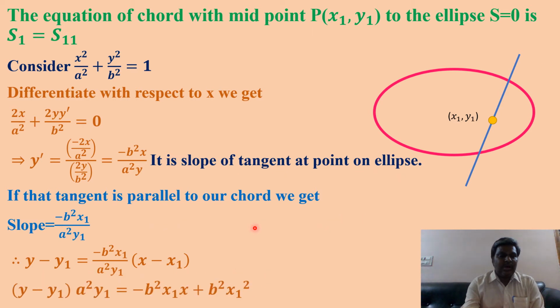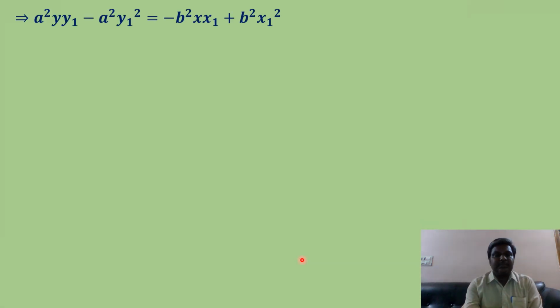So on simplifying, you just cross multiply. We get y minus y1 times a square y1 is equal to minus b square x x1 plus b square x1 square. So on simplifying this one, we get a square y y1 minus a square y1 square is equal to minus b square x x1 plus b square x1 square.